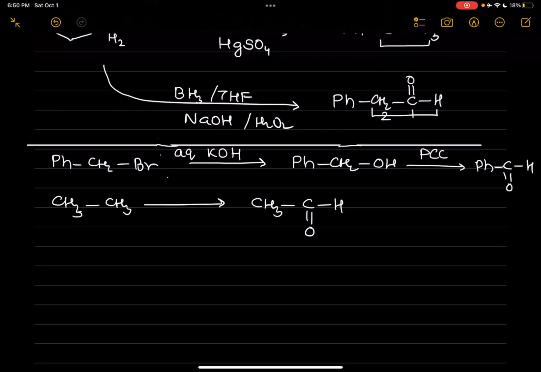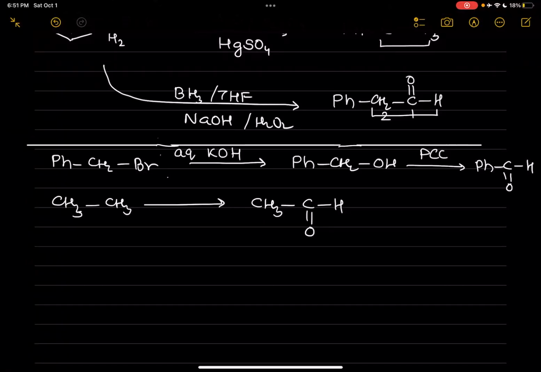And suppose you have to start with alkanes, then what are you going to do? You can adopt the same method, but one extra step is required. Which extra step?